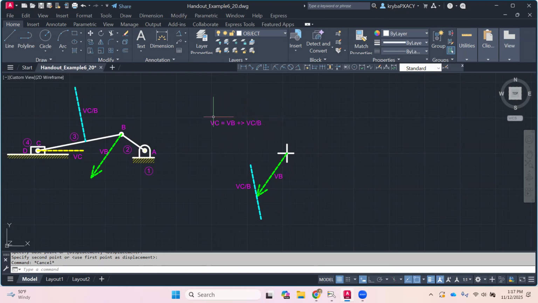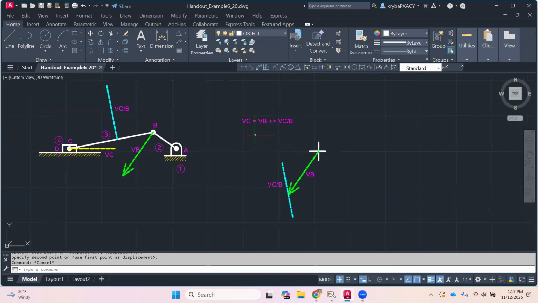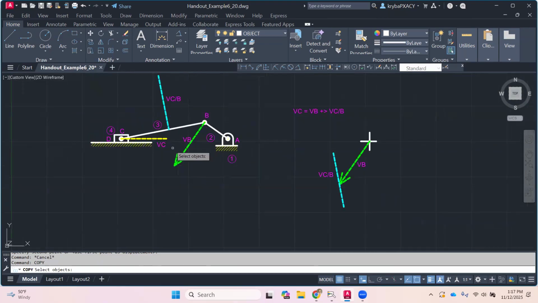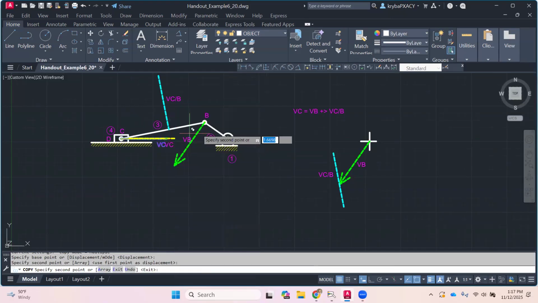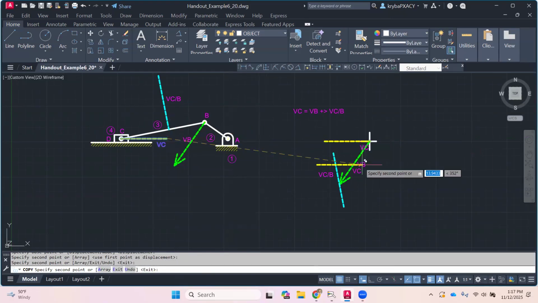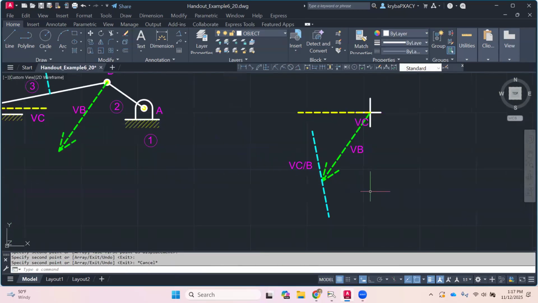I'm going to cross over the equal sign, which means I go back to my origin. And now I'm going to place my velocity vector C. So I'm going to copy the velocity of C, grab the endpoint, and put it at the origin.